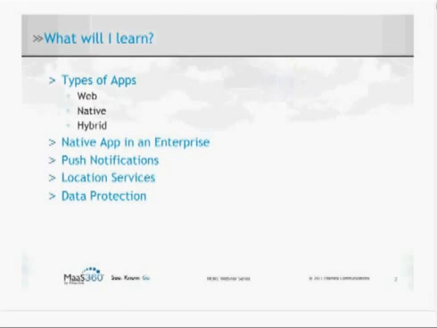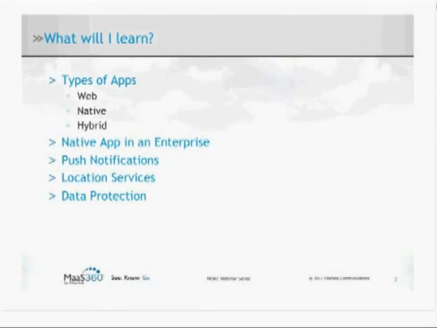Thanks, Joe. Hello, everyone. Thanks for joining us today. So what are we learning today? Before we start application development on any platform, we typically want to look at the various design choices at our disposal. This is no different. We'll start with the various types of apps that you can develop on the iOS platform: web apps, native apps, and hybrid apps.